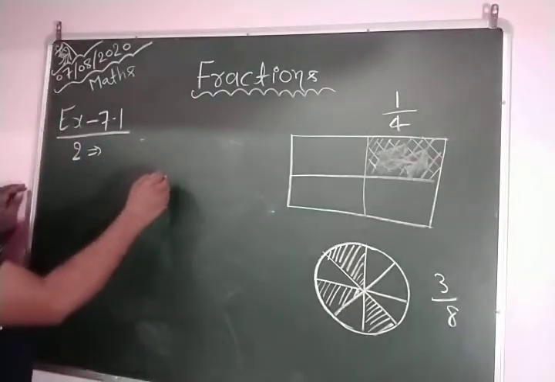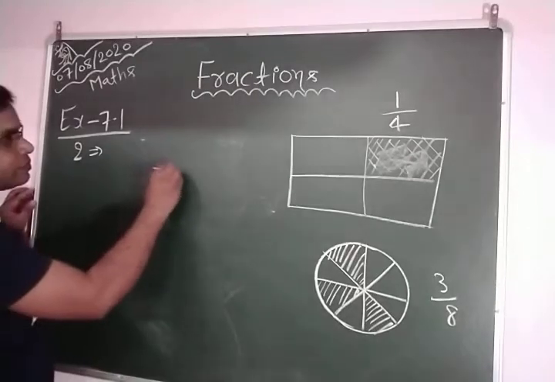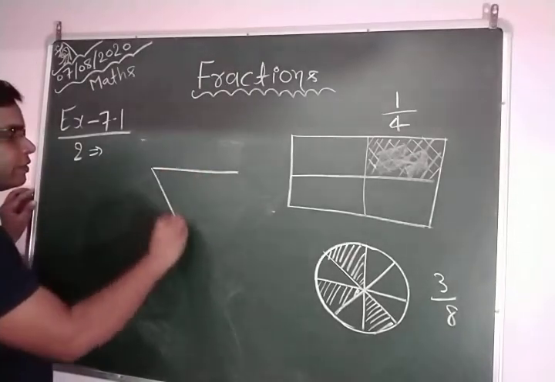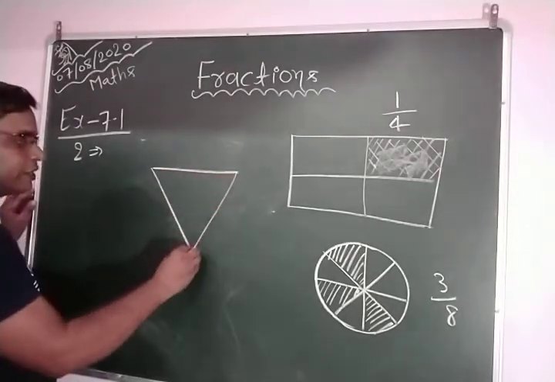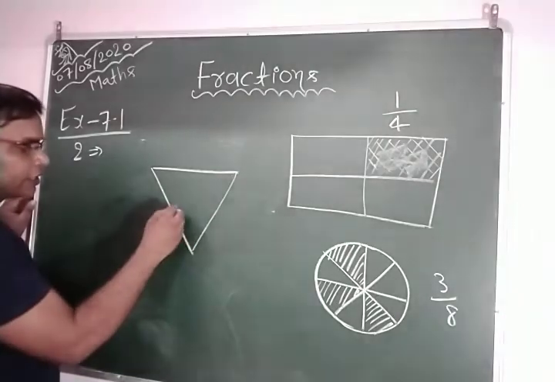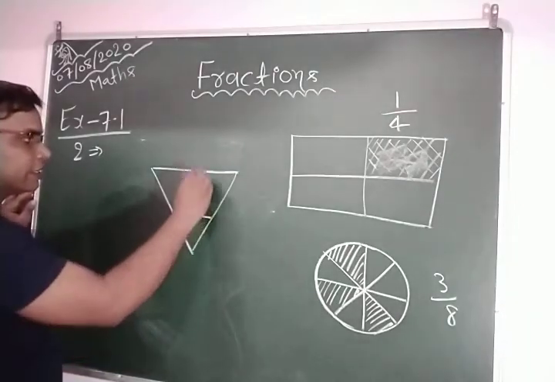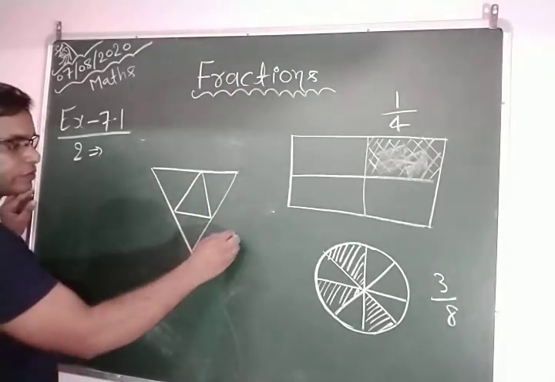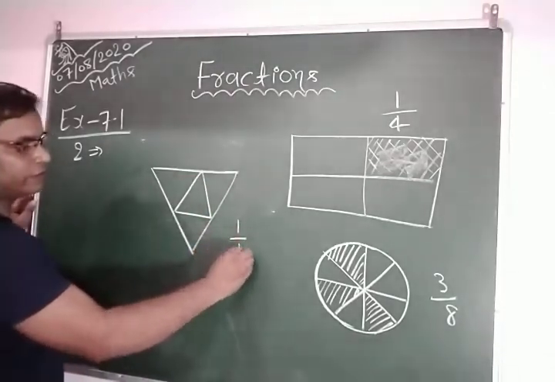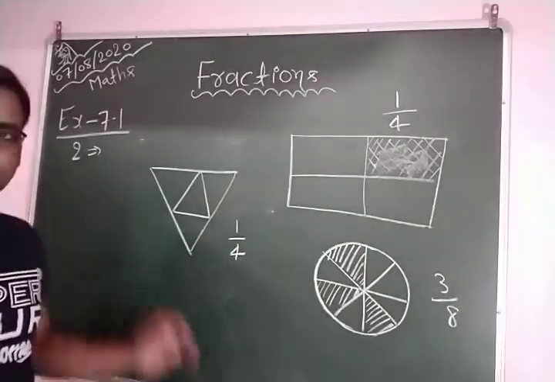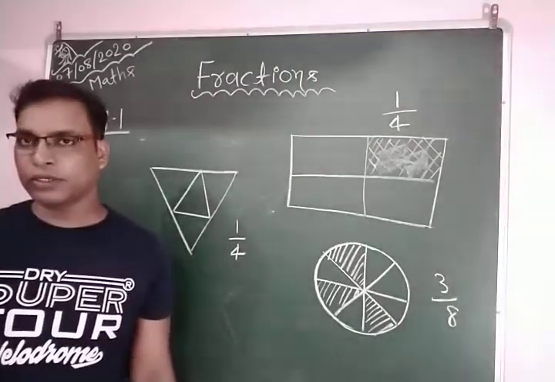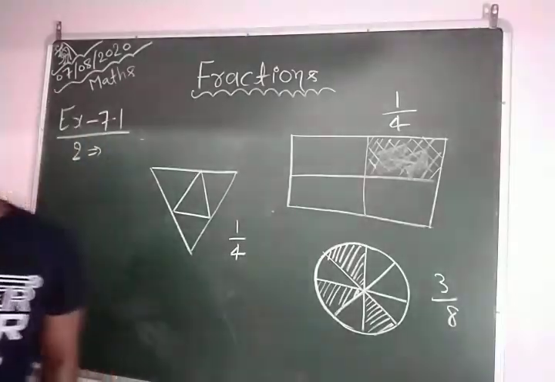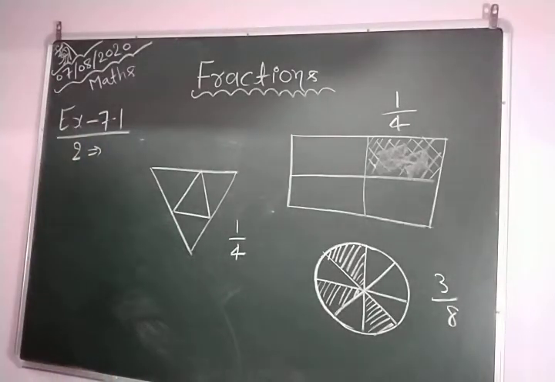So one figure is given like that. This is a figure and this is a triangle. Inside it there is again one triangle. And the fraction given is 1 by 4, and the question tells us to color the part according to the given fraction.